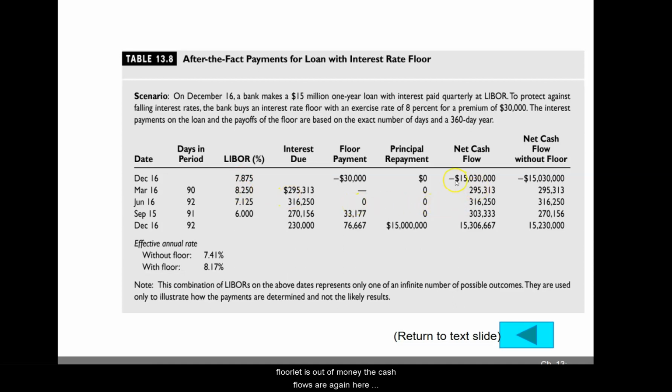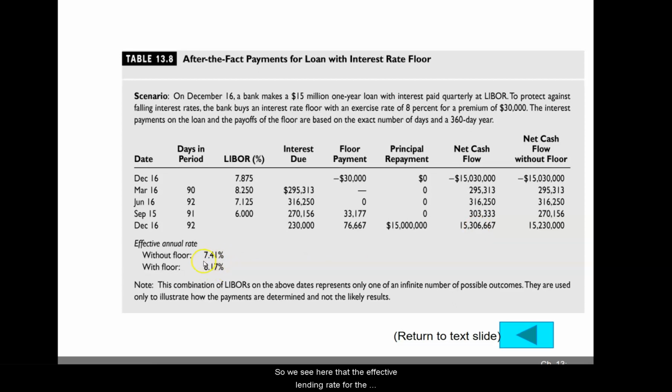The cash flows are again here because it's a lending position, so you can see that the effective lending amount is 15 million plus the cost of the interest rate floor, and then we assume that the lender is receiving quarterly interest adjusted for any payoffs, and then finally the principal payment is also received along with the interest and the payoff from the floor.